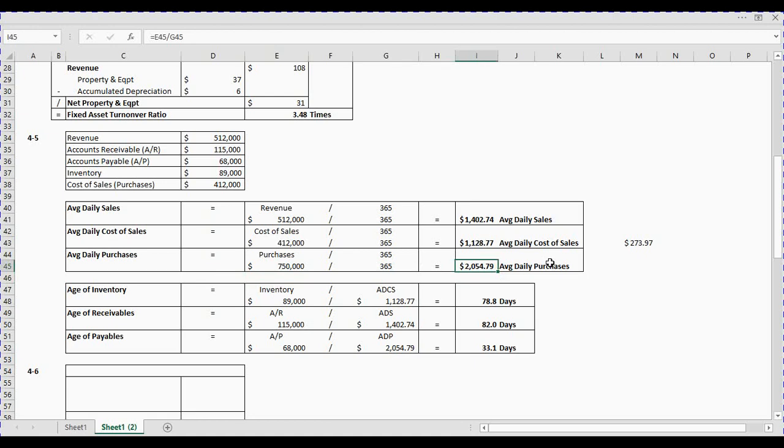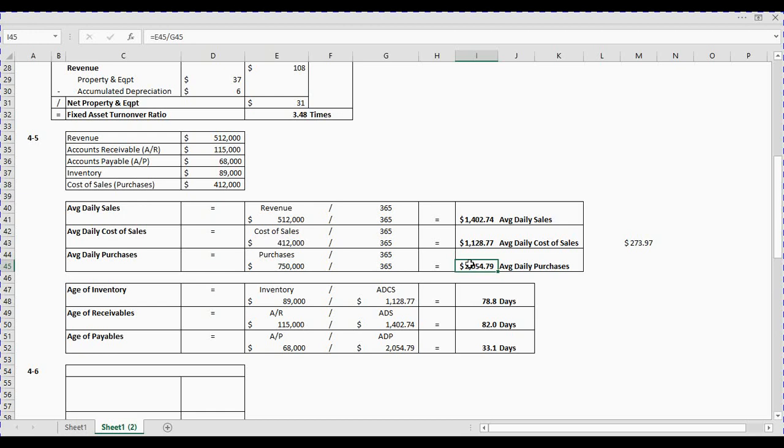This is one of those areas where you hear about companies where growth is a bad thing, as if I'm growing so rapidly that I have to be purchasing this much inventory every day as opposed to selling this much right now, but I have to purchase this much in anticipation of the future growth, that's very expensive. That money has to come from somewhere.